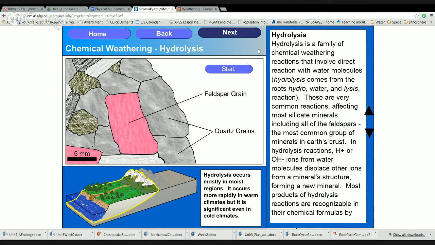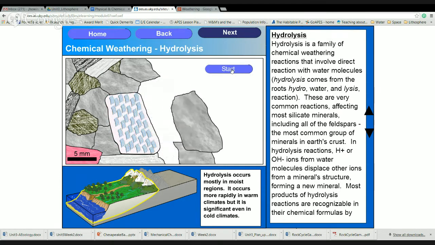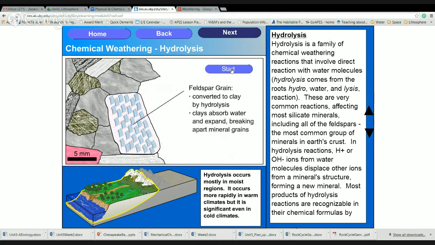One very common product that we get from hydrolysis is clays, which is a very important component in soils. So when the water gets in, it actually changes the compounds in the mineral and forms clays. Again, this occurs commonly in feldspar rocks and in moist climates.